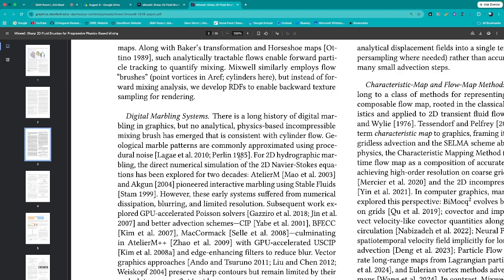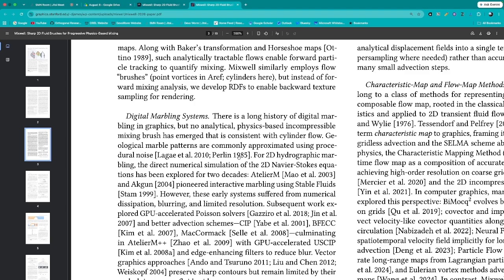So this includes Perlin noise, and this is something that, again, if you see something in nature, you try to approximate it, maybe not locking onto the process that created it, but locking onto some analog that can describe that pattern sufficiently. For 2D hydrographic marbling, the direct numeric simulation of the 2D Navier-Stokes equations has been explored for 2 decades.